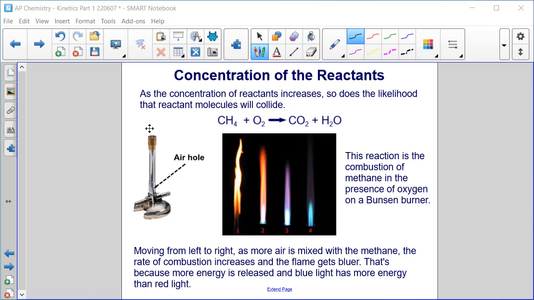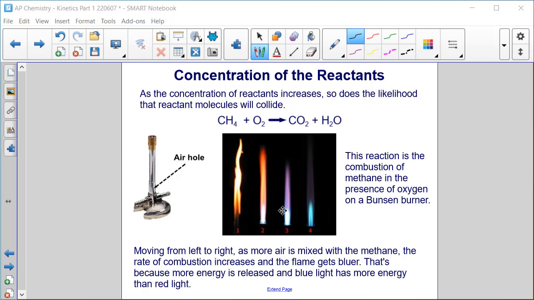When you light the Bunsen burner, a flame is formed from the burning of the methane gas provided to the Bunsen burner. And so the reaction here is the reaction of methane with oxygen, the combustion of methane in the presence of oxygen on the Bunsen burner. The products of that reaction are carbon dioxide and water gas.